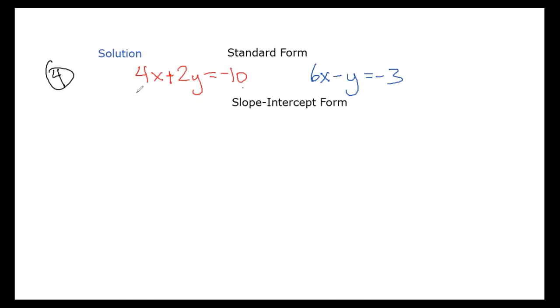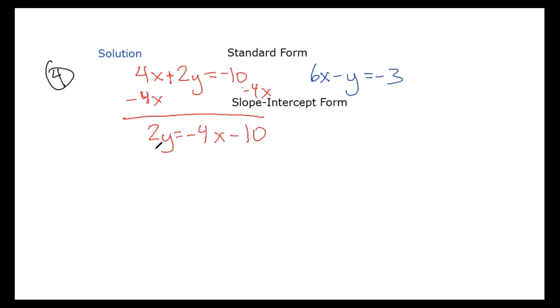We are going to subtract 4x on the left side and subtract 4x on the right side. So our new equation now is 2y equals negative 4x minus 10.